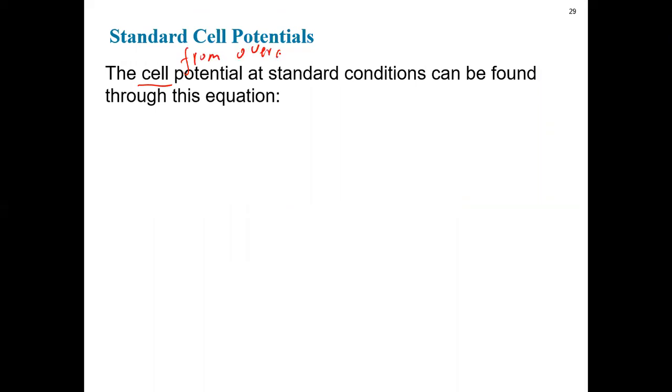I will usually call it the overall reaction, or the total. The overall reaction equals the oxidation reaction plus the reduction reaction. So this is a half, this is a half, and half plus half is total.